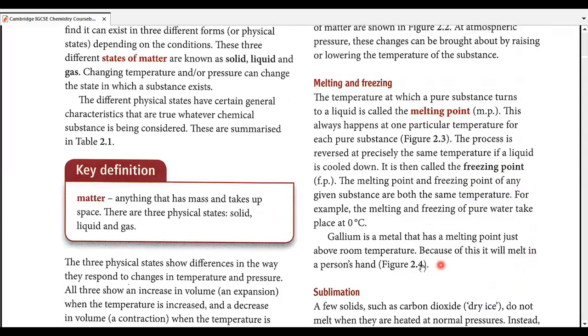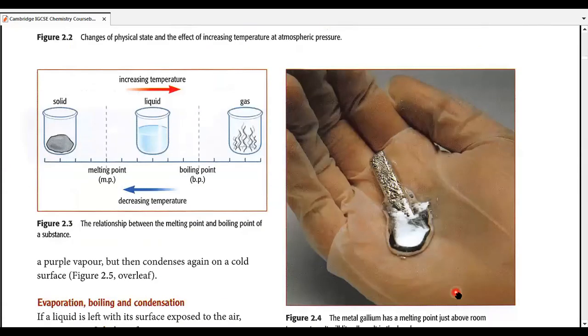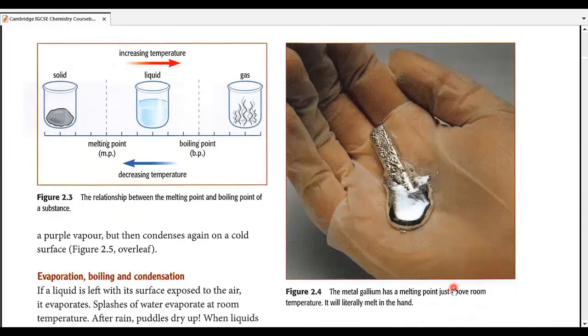Talking about another example, gallium is a metal that has a melting point just above the room temperature. Because of this, it will melt in a person's hand, and the example is quoted here in the diagram. Take a look. This is a metal bar, and this is getting melted in a person's hand, because its melting point is usually just above the room temperature. Here we use the word room temperature.